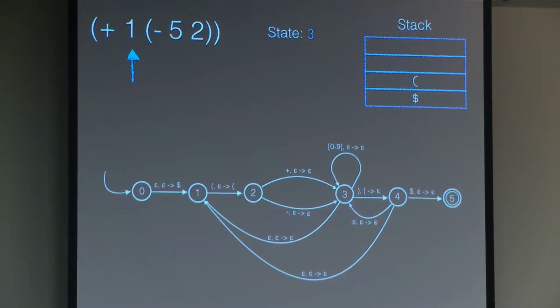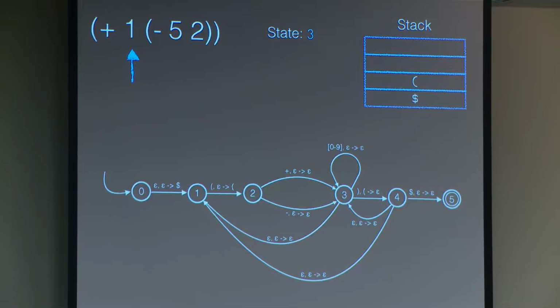We're in state 3, and now we're looking for a lot of things. We're looking for either a closing paren, because we are at the end of an expression. We're looking for any numbers, 0 through 9, because we're looking for numbers to compute this. And we're also looking to go back into state 1, because we can go grab another nested expression and put that in there to compute first.